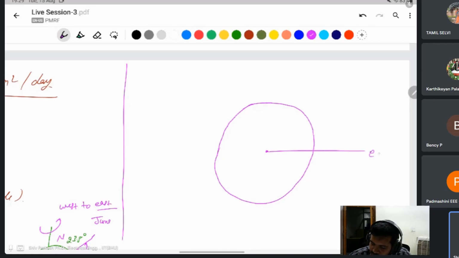This one is the east axis. This one is the polar axis, and another is the meridian axis.